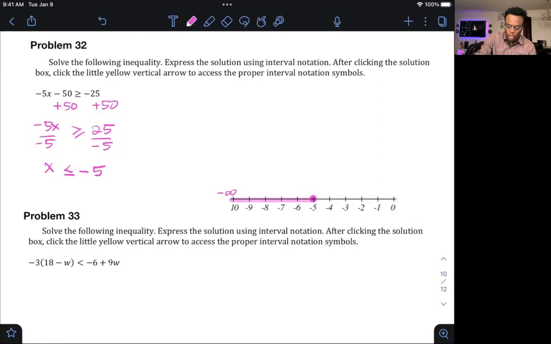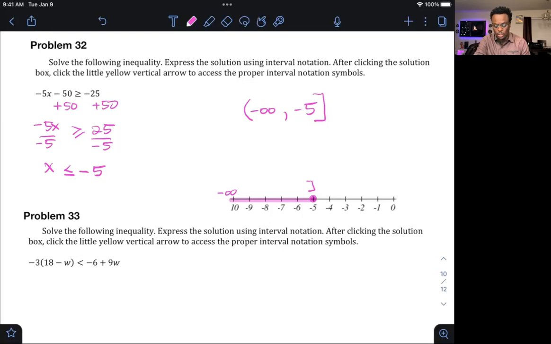So your interval notation will be, you always read your solutions on the number line from left to right. So from -infinity to -5, with a closed circle, you put a bracket on the value, but infinity will always take a parenthesis.